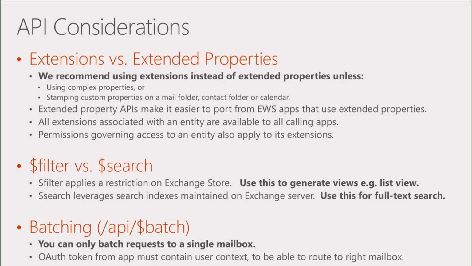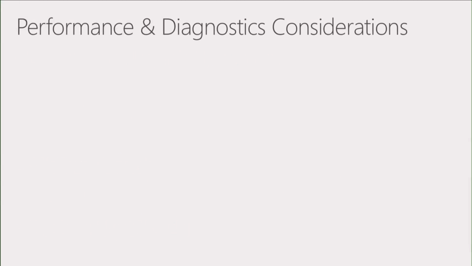A second limitation of the existing batching API, which we're addressing right now, is the API is API/$batch, so we don't know which user you want. So it has to run with a token with user context in there, because then we'll look at the token and say, oh, this is the user all these operations are intended for. But that's something we are already addressing.